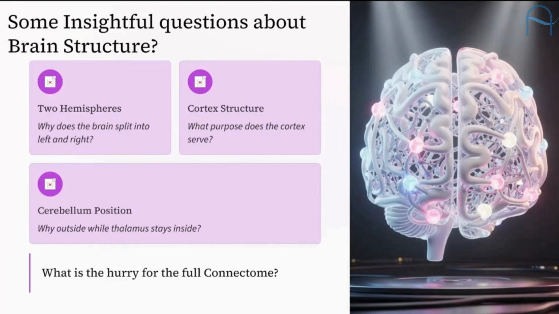Why does the human brain have these two hemispheres? Why can't there be, like a heart's chambers, four quadrants or something? I don't know, or seven chambers. Why two? And why is there this kind of bilateral symmetry in the human brain?